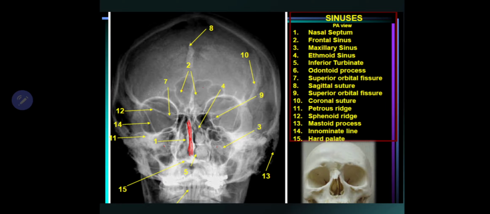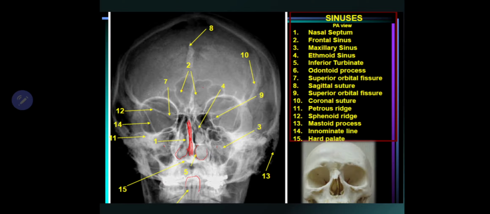Next step is you look at the inferior turbinates. This is the inferior turbinate on the left and the inferior turbinate on the right side. Then you have the odontoid process. What is the odontoid process? The odontoid process or dens of the vertebra. See, it will be like this. This is the odontoid process or dens of the vertebra.